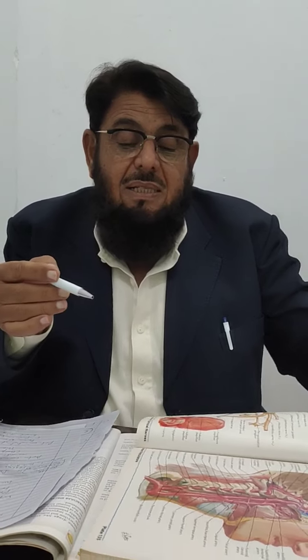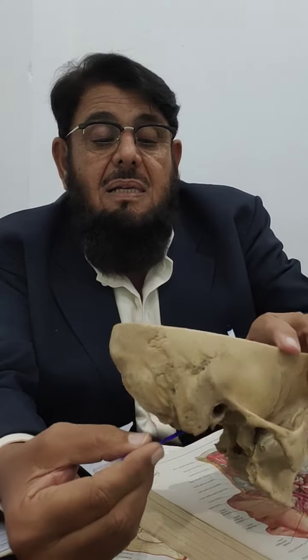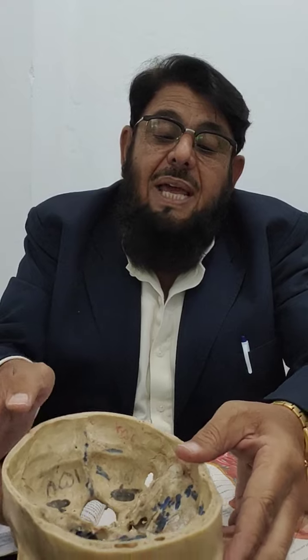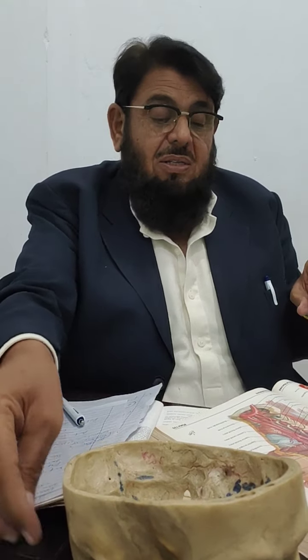The internal carotid artery on both sides enters into the skull through the foramina and then runs in the petrous part of the temporal bone and comes out over here, lying in the cavernous sinus. This internal carotid artery then comes out and passes towards the brain, right and left internal carotid arteries.